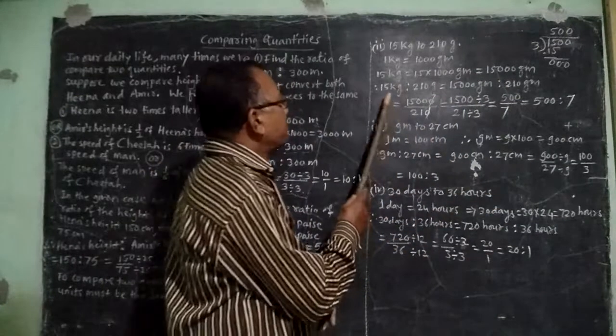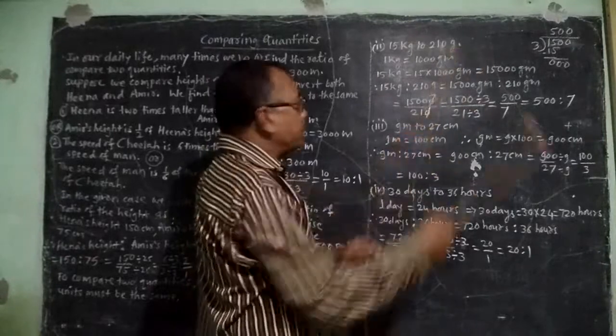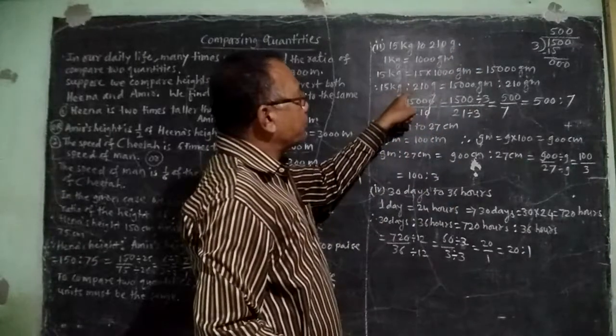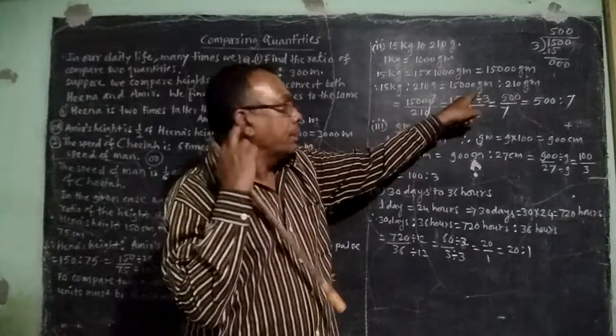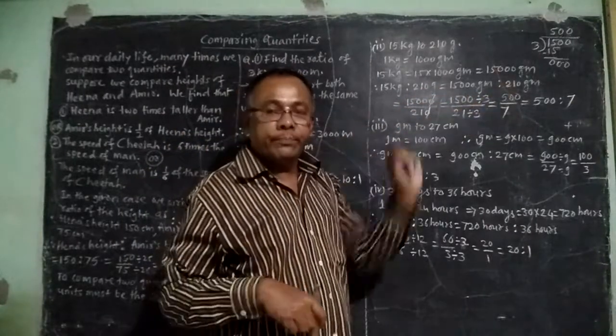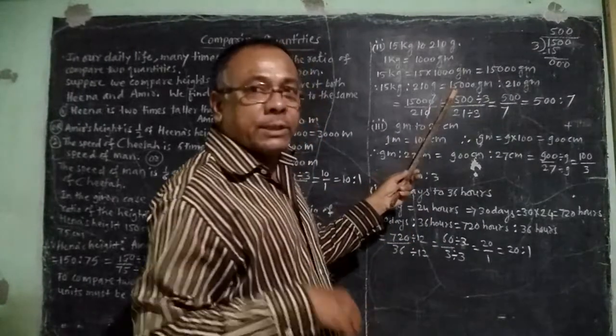And now here 15 kg to 210 gram is equal to 15 kg as to 210 gram, and that is equal to 15,000 gram as to 210 gram. So here ratio means again division.